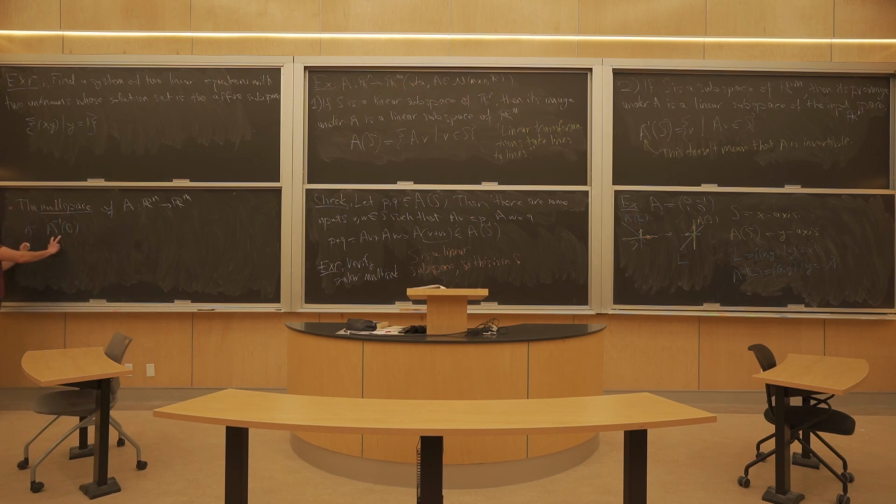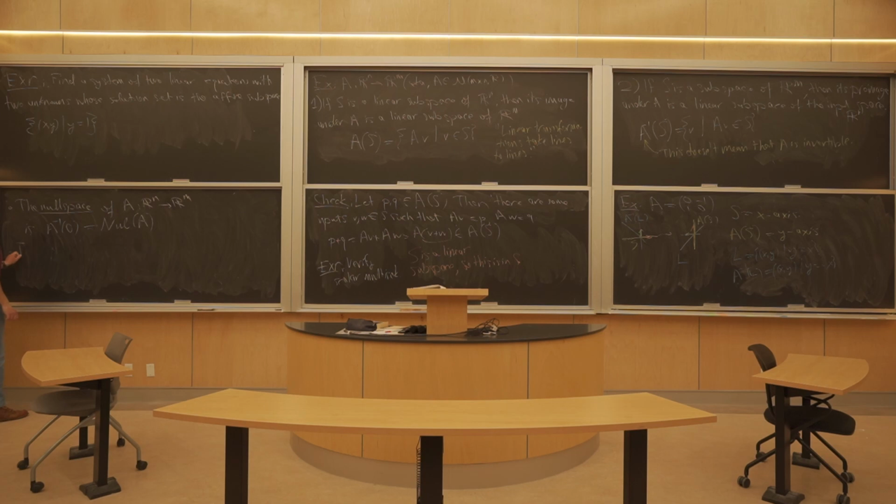So all the vectors in the input space that are sent to 0. And we're going to use this notation, null of A. So this is more general. This is more specific. This space is so important that it has its own notation.